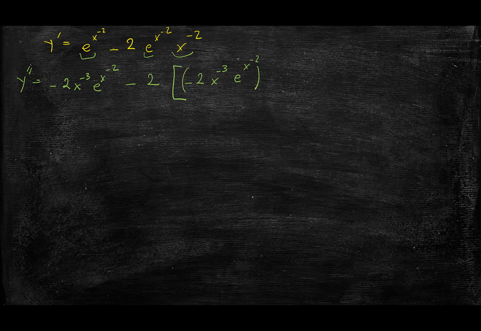This is the derivative of the first guy times the second guy plus the derivative of the second guy, which is negative 2 x to the negative 3 times the first guy, which is e to the x to the negative 2. Okay, great. Now that we have this, all we need to do is to clean up a little bit and see if we can simplify.